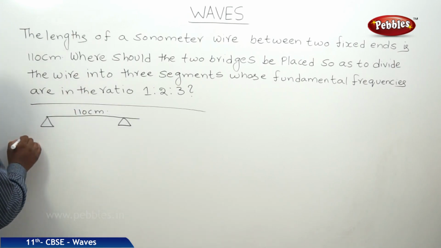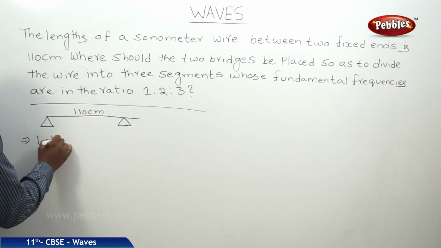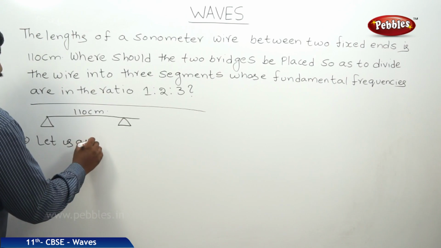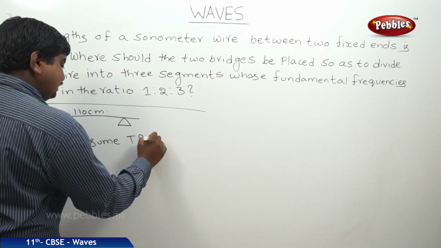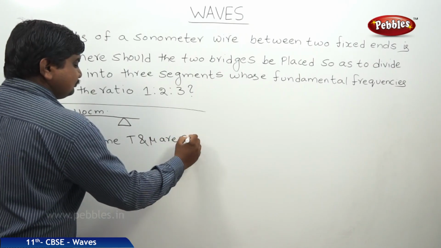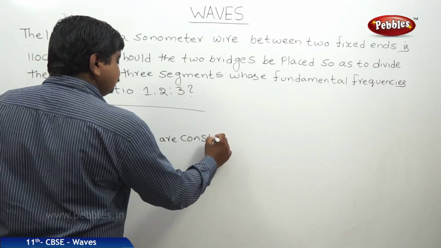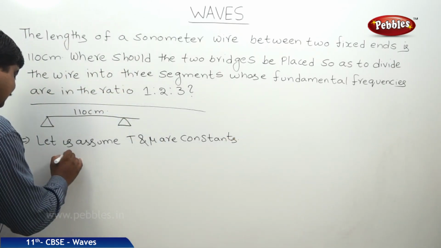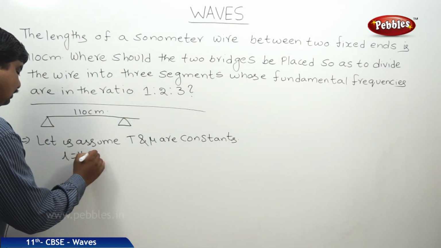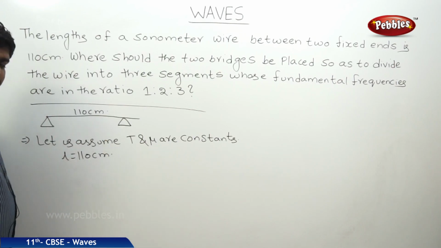Let us assume tensional force and linear density are constants. Total length L is equal to 110 centimeters.